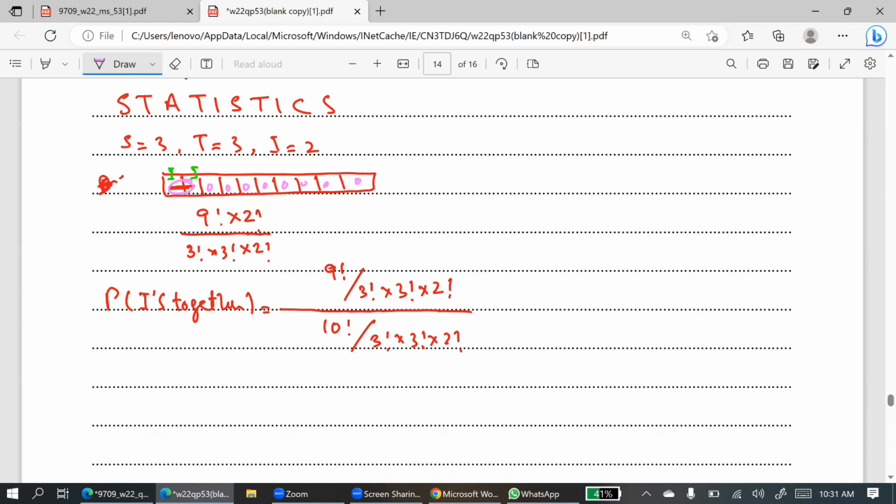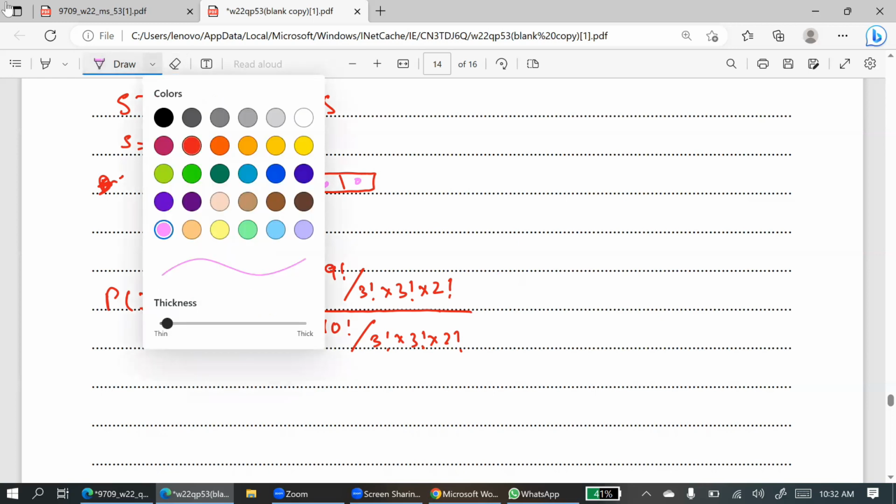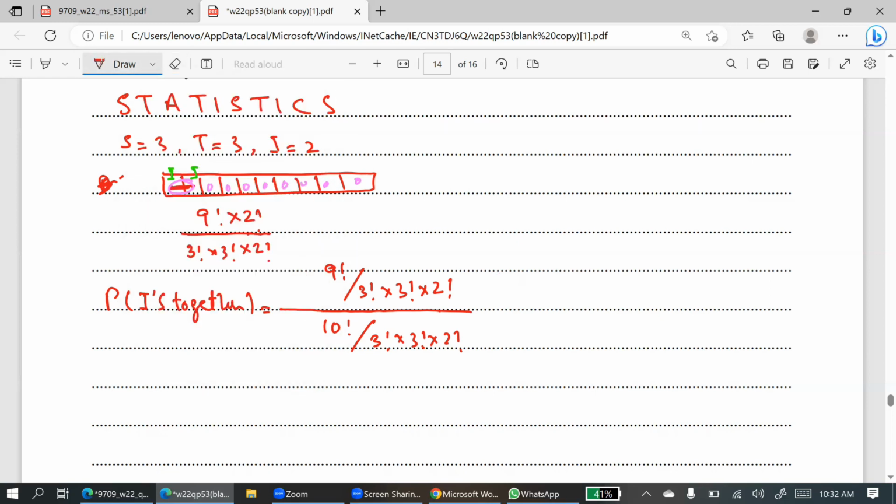Yes. Okay. Now 9 factorial divided by 3 factorial into 3 factorial into 2 factorial, divided by 10 factorial divided by 3 factorial 3 factorial 2 factorial.